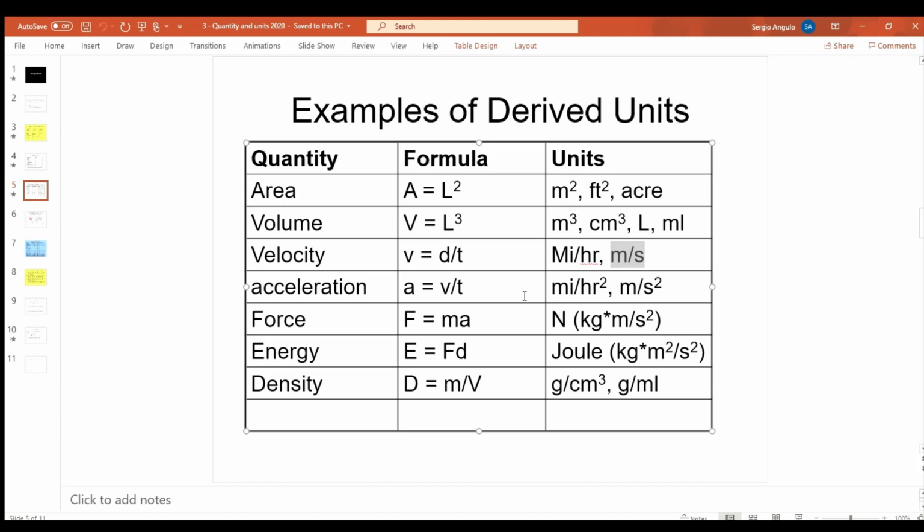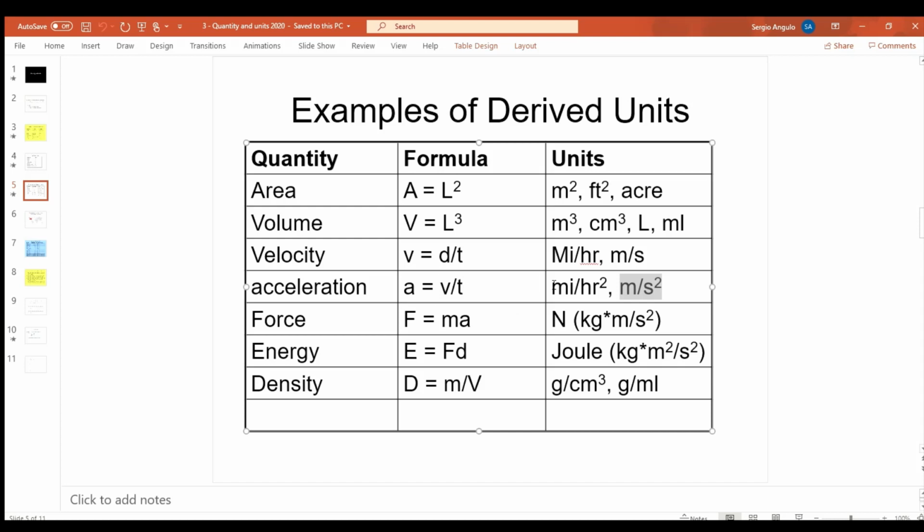So your time is smaller, you'll end up with a faster acceleration because you're dividing by a smaller number. So you end up with meters per second, which is our velocity units, divided by the time, which was in seconds. So if you put those together, you end up with seconds twice in the denominator, or meters per second squared. So that's how we get those.